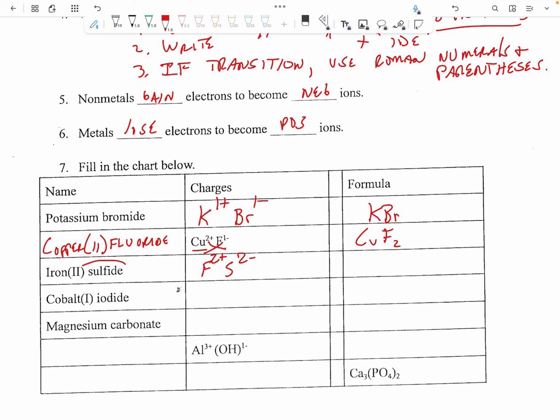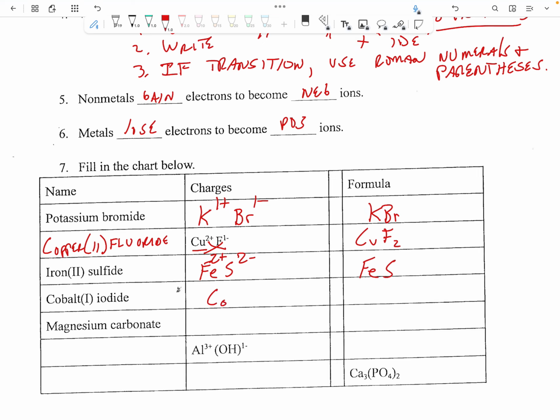These charges, the plus 2 and the minus 2, they cancel each other. And that's Fe, by the way. I put just F. That's not good. Fe. The compound is going to be FeS. Okay? FeS.